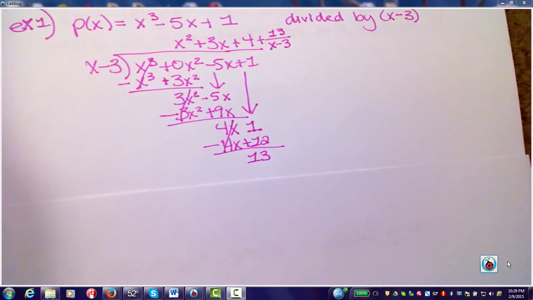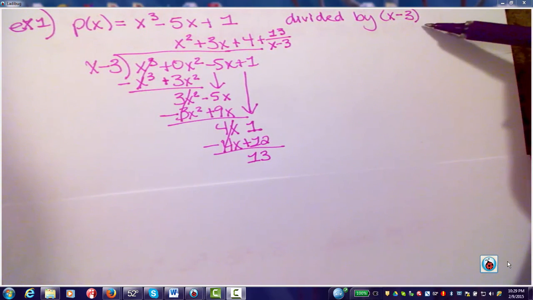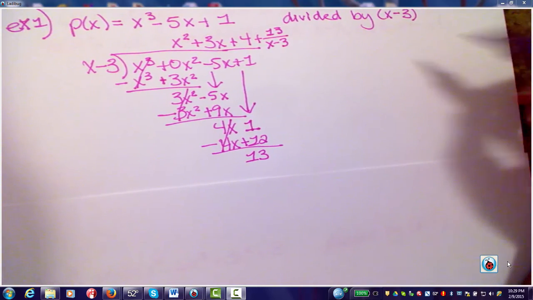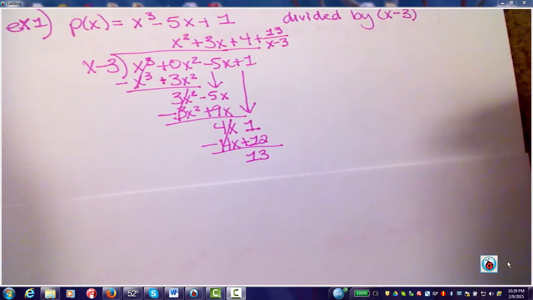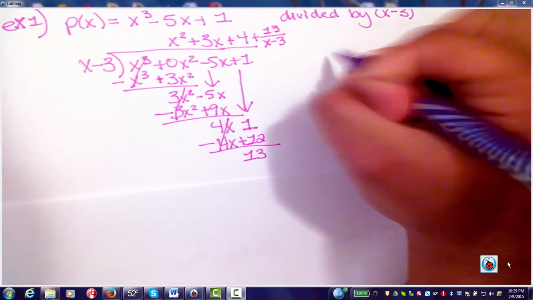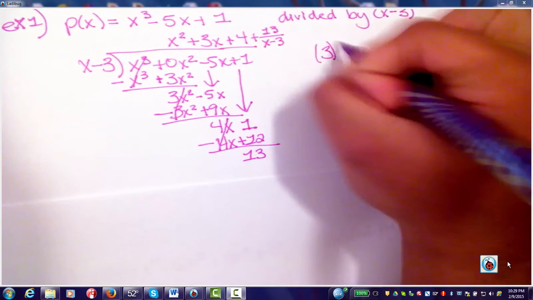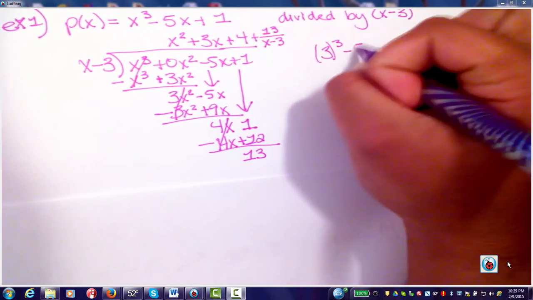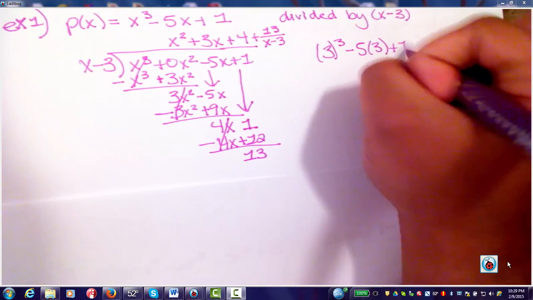So now, instead of doing that long division, the remainder theorem says that we can evaluate our function at a. In this case, our a value is 3. So if we substitute 3 in for x, we would get 3 cubed minus 5 times 3 plus 1.